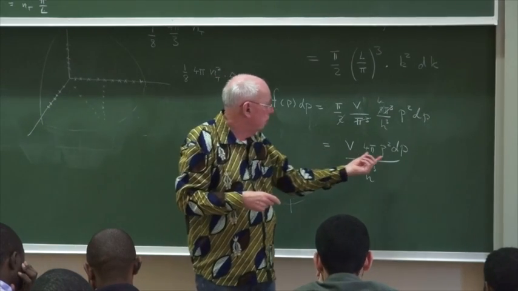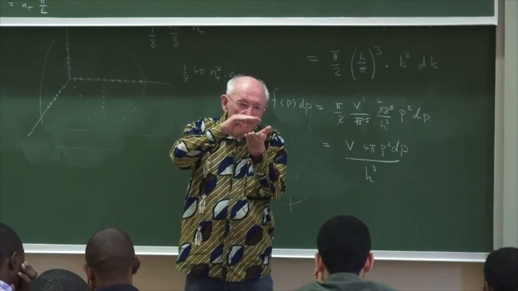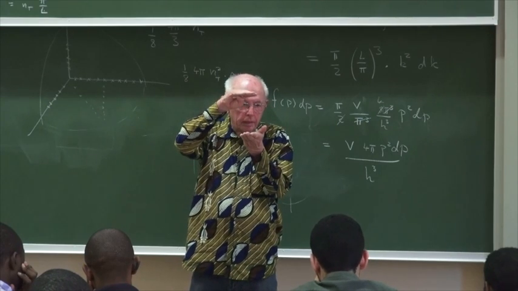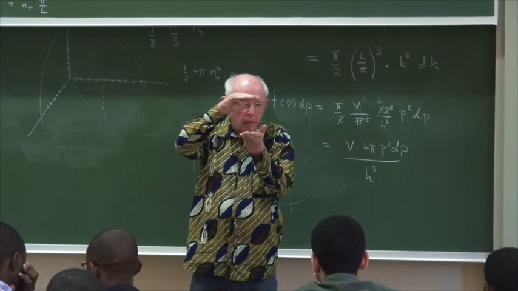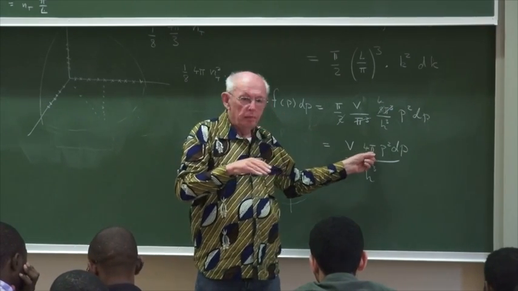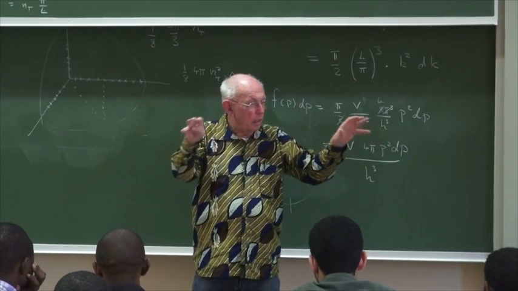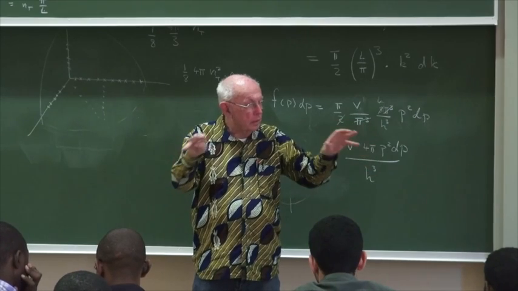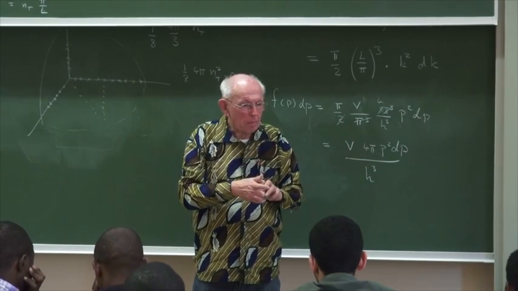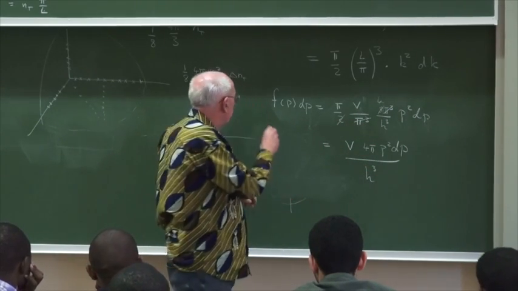In the p direction, we are looking at the rim between p and p plus delta p, and we now have to multiply that with 4 pi to give us the rim.